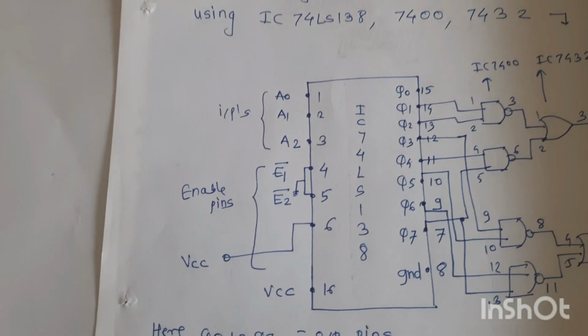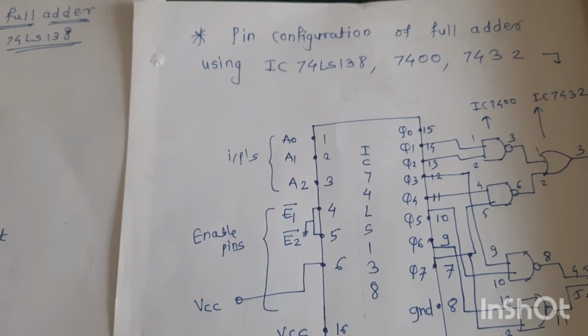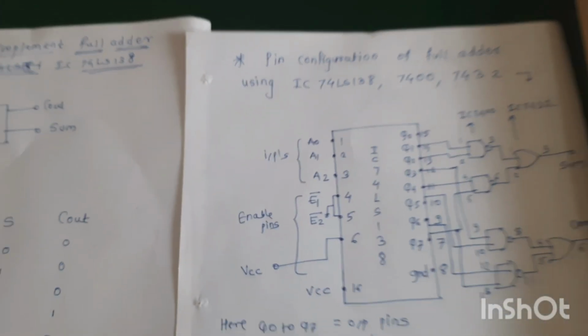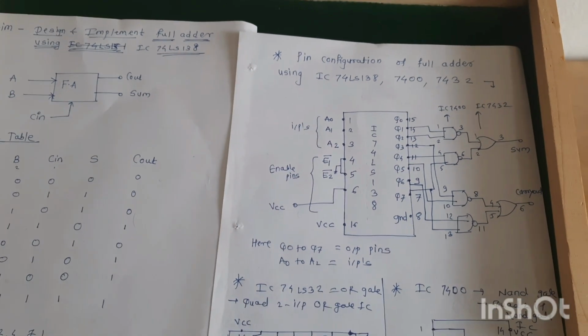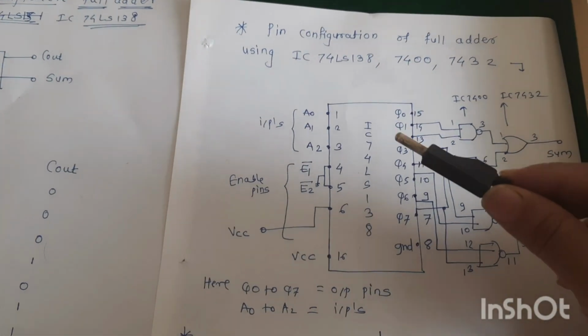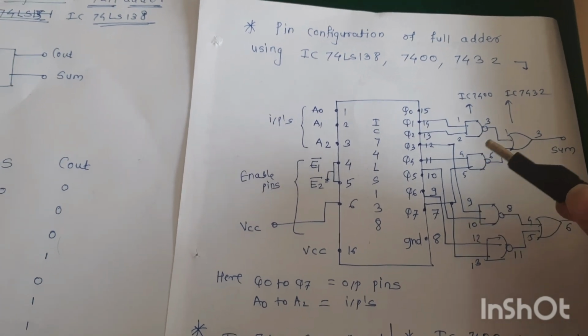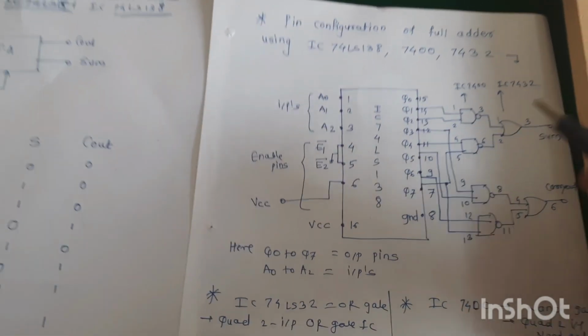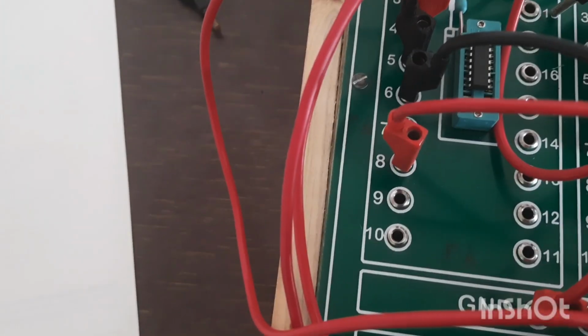Q0 has no connection; from Q1 to Q7 the output pins are pins 14 to 7. So pin 14 is your Q1, the first output pin, which is connected to pin 1 of the NAND gate IC. You can see we are going to take here 8, 9, 10, 11, 12, 13, 14.